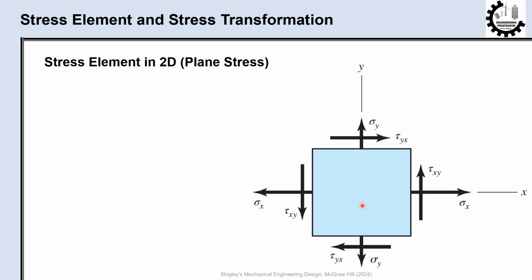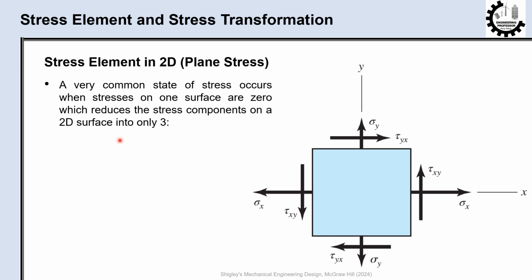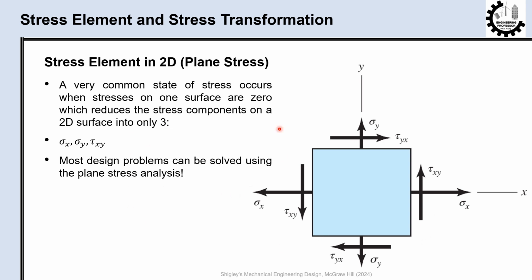This reduces the stress components acting on the stress element into only 3: sigma x, sigma y, and tau xy. The good news is most design problems can be solved using the plane stress analysis. An important point to emphasize here is the stress element in plane stress is still a 3D cube, where stresses on one surface are 0.